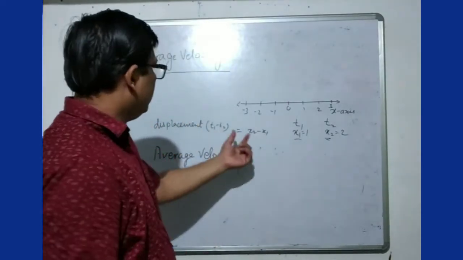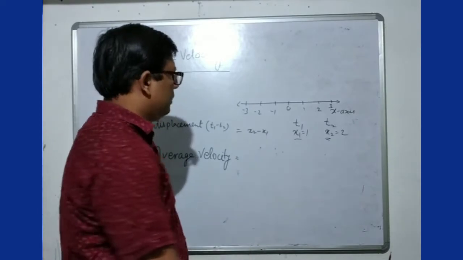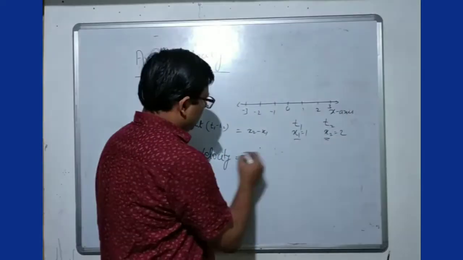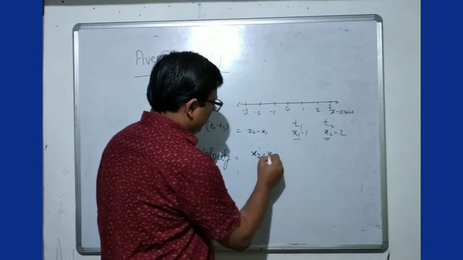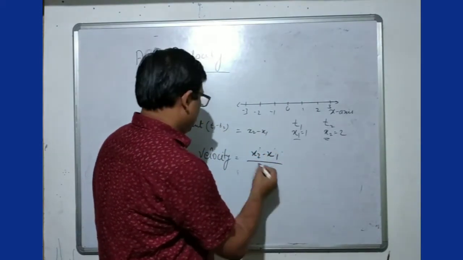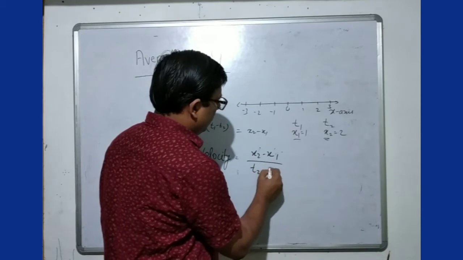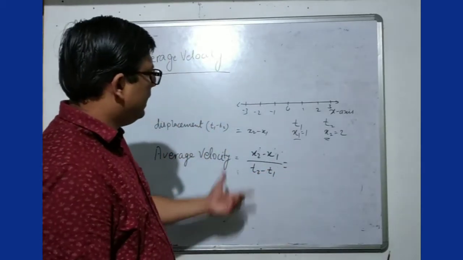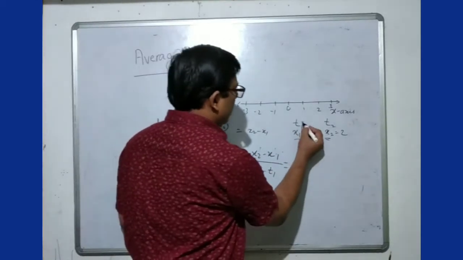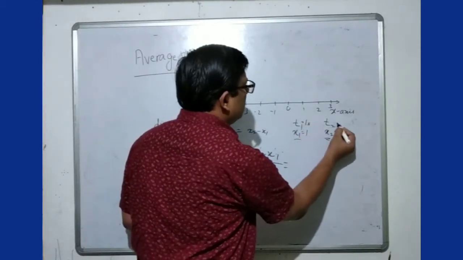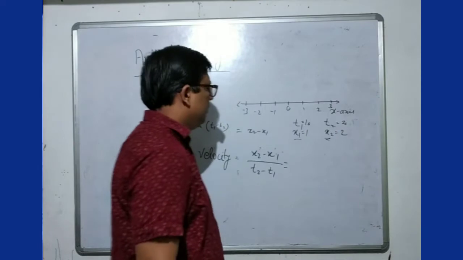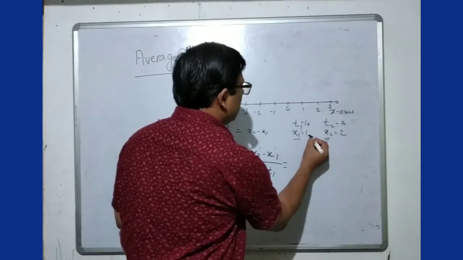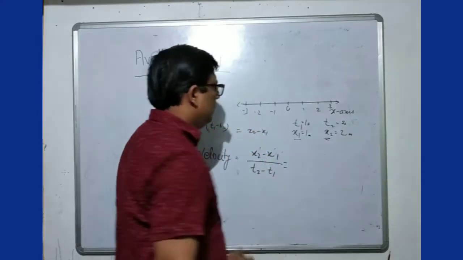Here we have taken displacement x2 minus x1. Now we take the value of x2 minus x1. So for this interval, the average velocity will be (x2 minus x1) upon (t2 minus t1). Let us consider that t1 is 1 second and t2 is 2 seconds, and x is in meters.